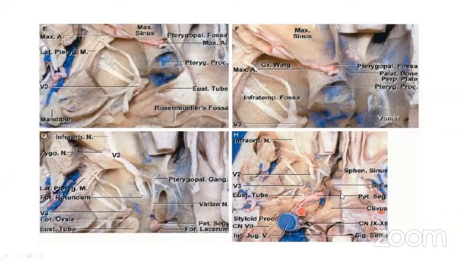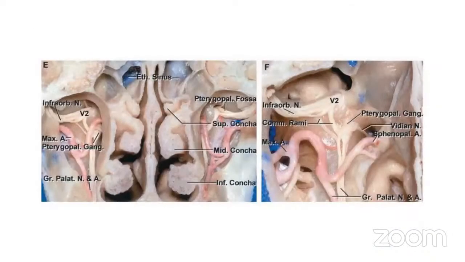This is the sellar region. Again, this is the clivus. These are the maxillary and the mandibular divisions of the trigeminal nerve and their respective fossa.